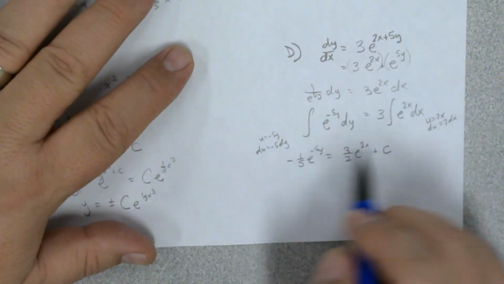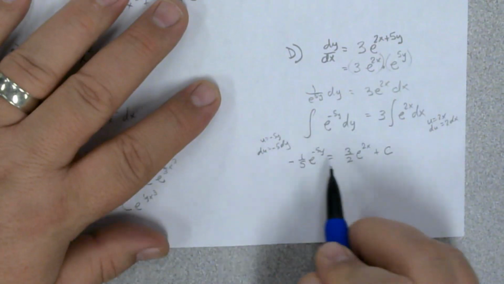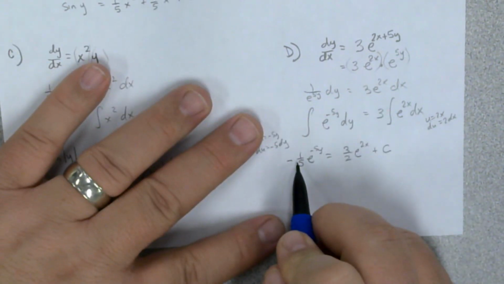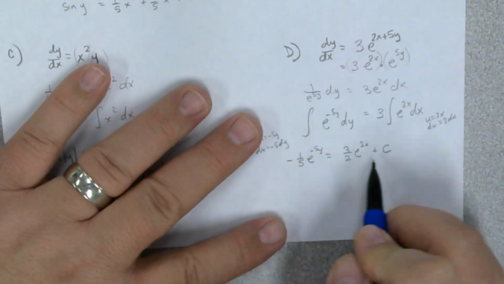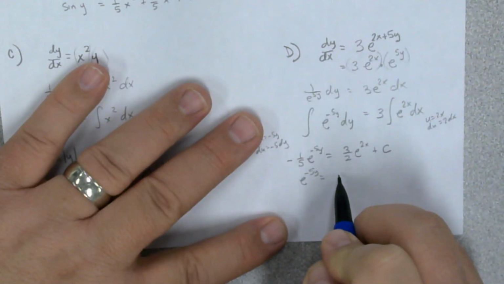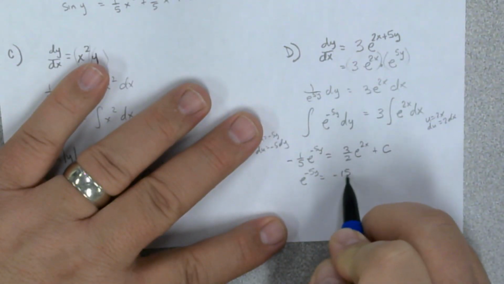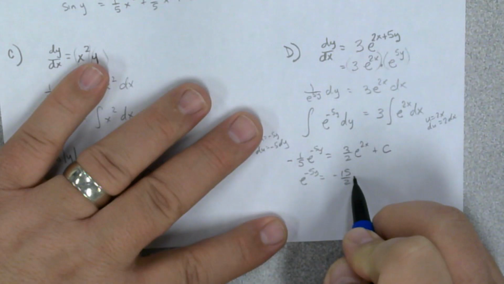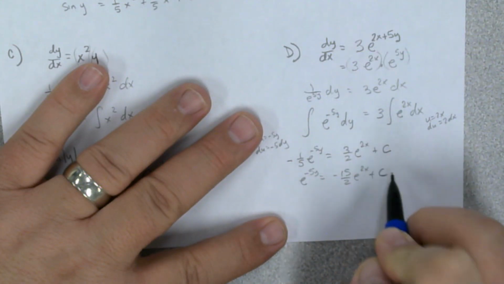Okay, so now I'm back, and we're going to clean this up because we've got to solve for y. We're going to multiply everything by negative 5, and so I'll get e to the negative 5y equals, over here we'll get negative 15 over 2 e to the 2x plus a constant.